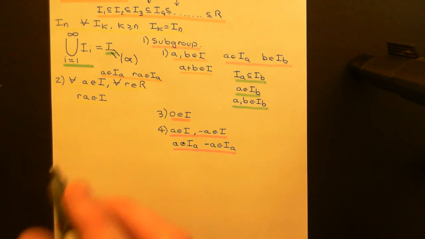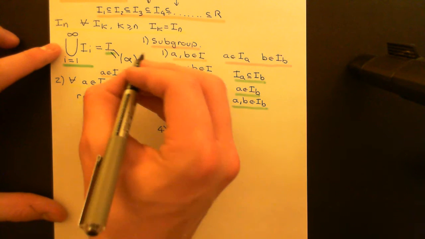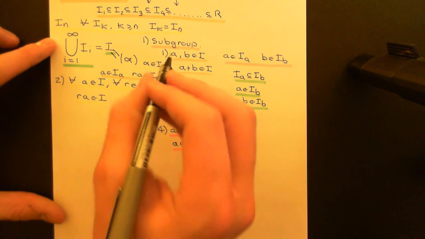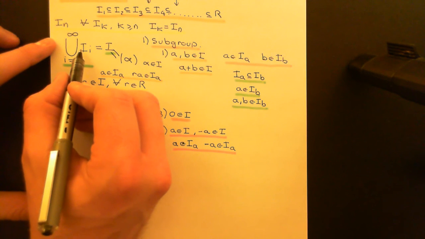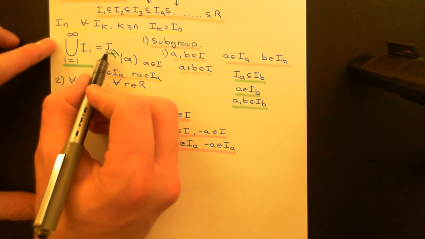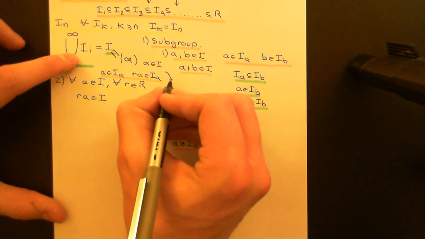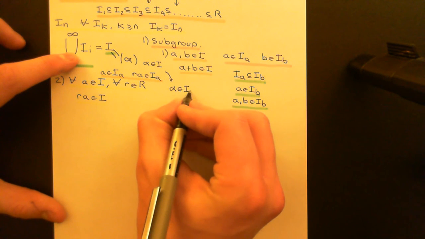Now, what we can therefore conclude is that alpha is an element of this ideal capital I, so that's obvious. And if alpha's in there, then it must be in one of these ideals that we've unioned together to get I. So let's say alpha is in an ideal, and let's call it I_n.